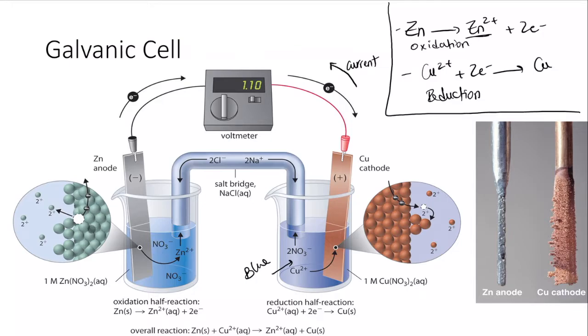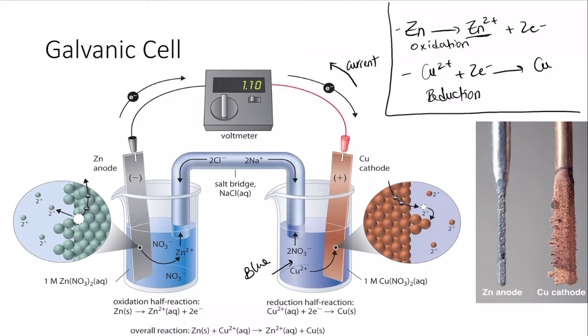Okay, so Zn here is losing electrons to become Zn2+. That's why the Zn is decreasing in mass. Here, in this case, the Cu2+ is receiving 2 electrons. That's why the Cu2+ is becoming Cu, and that's why the Cu increases in mass.